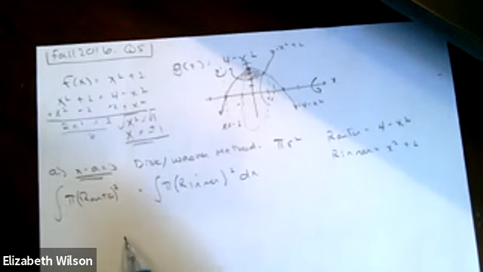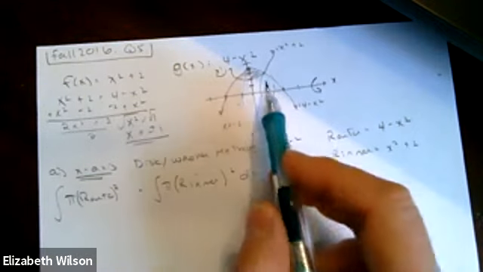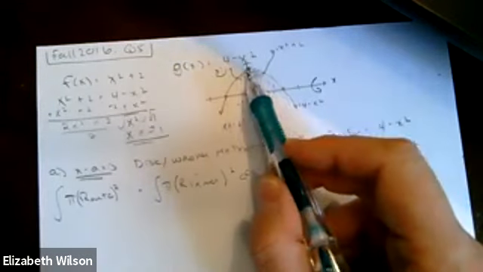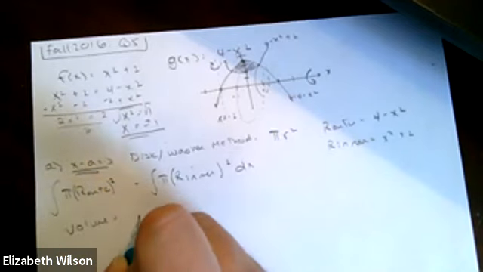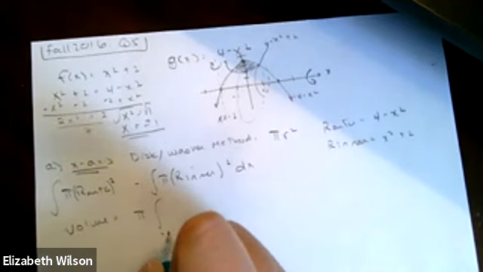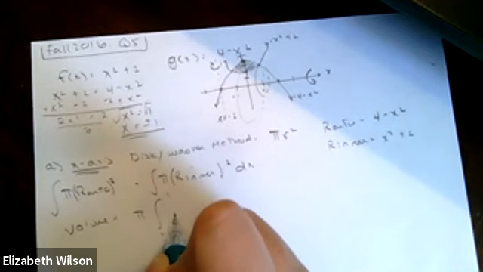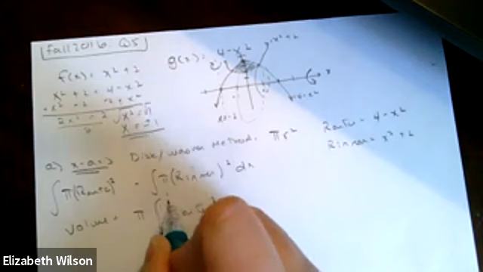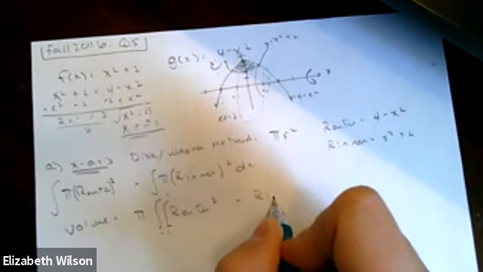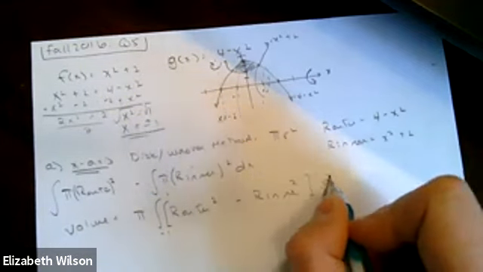When I go to do that, remember my bounds of integration are defined by where these two functions intersect, because it's just this region here that I want to take a look at. So I'm going to set this up. My volume is going to equal pi, I'm going to factor out my pi, going from -1 to +1, of r outer squared minus r inner squared dx.